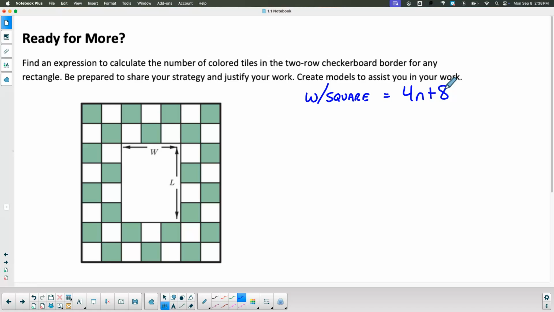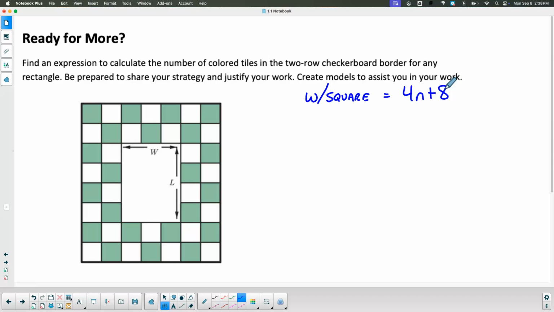Now we got to come up with a new formula. Okay? You want to do it my method or your method? Doesn't matter. Your method? Okay.